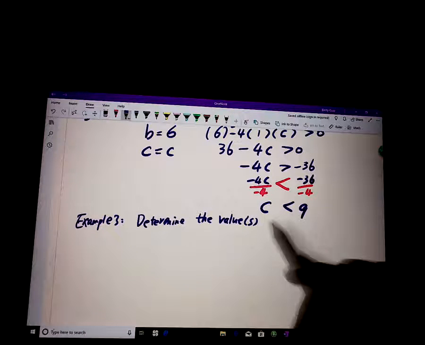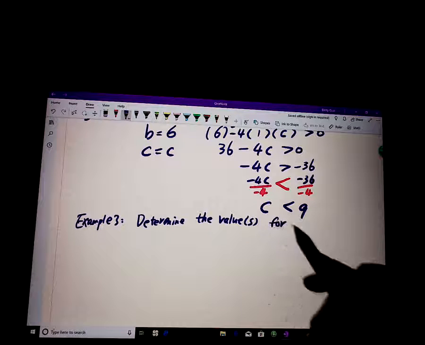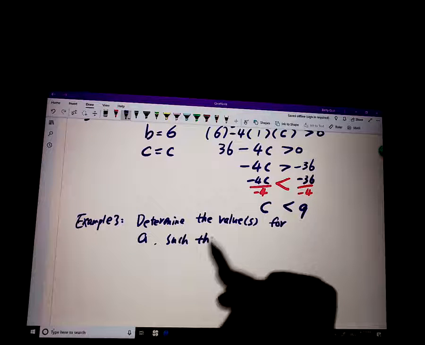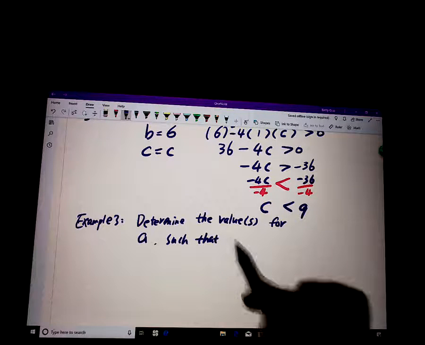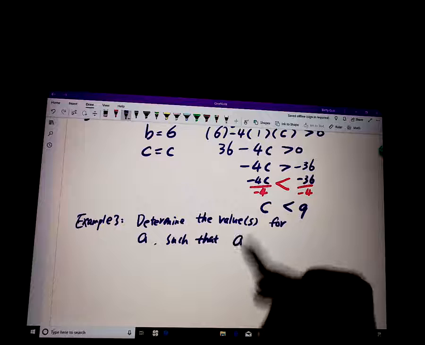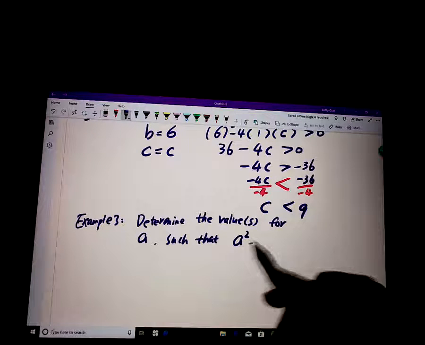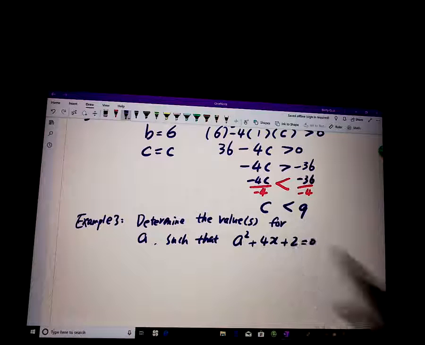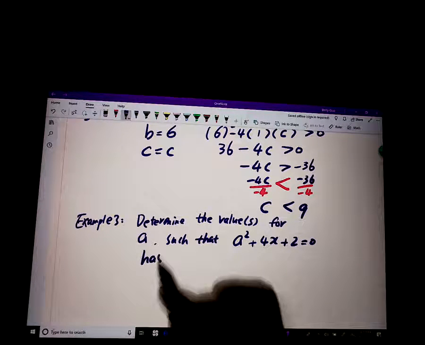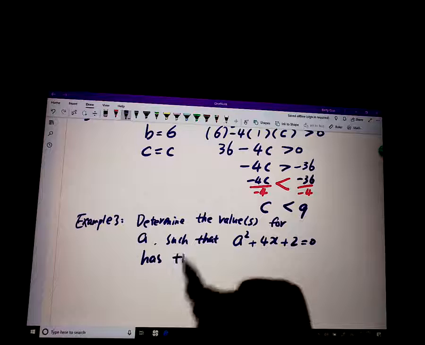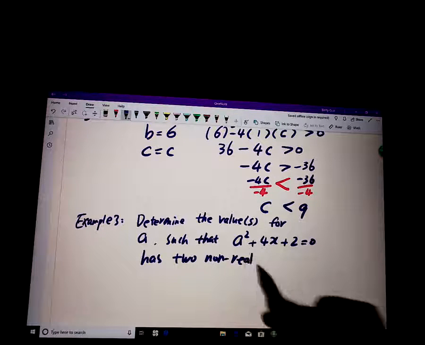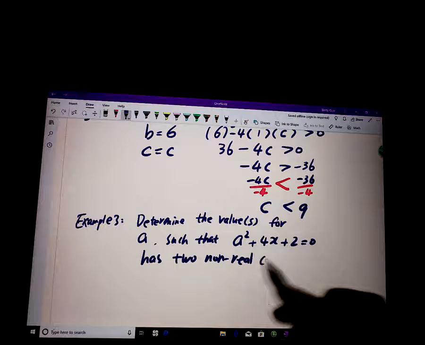Determine the value or values for A this time, such that A squared plus 4x plus 2 equals 0 has two non-real complex solutions.